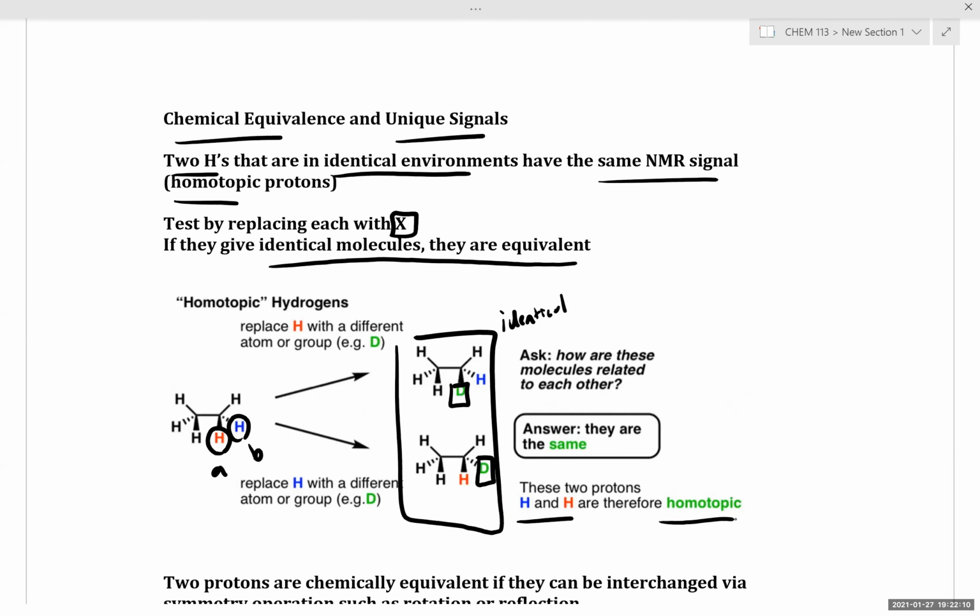Can you explain the homotopic hydrogen again? The homotopic hydrogens have the identical chemical environment and will be part of the same NMR signal. So for example, these two hydrogens, because they're homotopic, will be part of one signal that contains two hydrogens in that signal. Oh, so the homotopic hydrogens will be in the same peak?